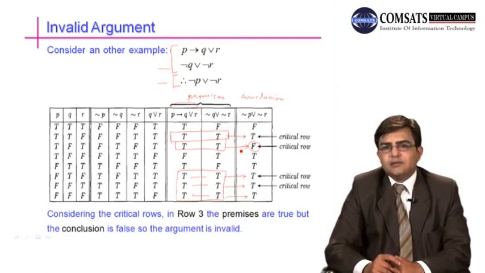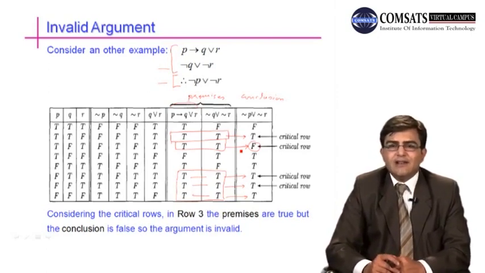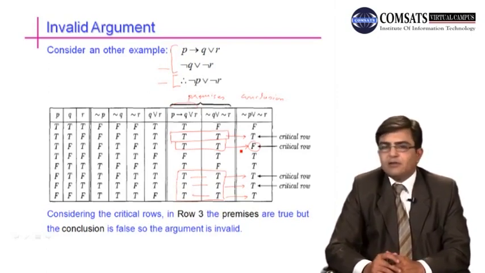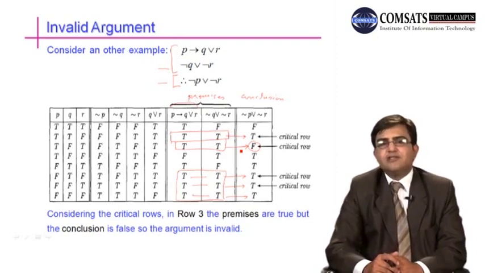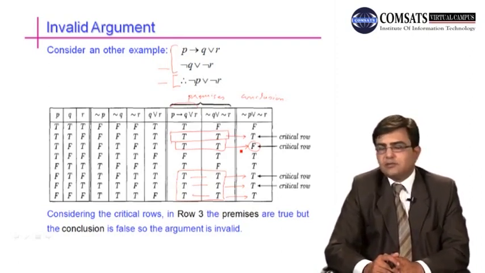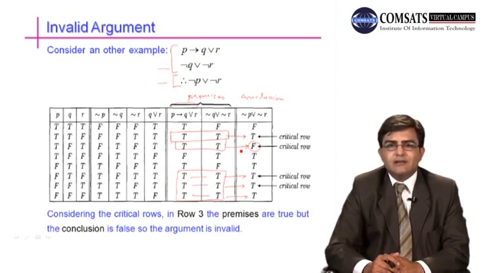So how do we prove an argument to be valid or invalid? First of all, construct a truth table for all premises and the conclusion, then identify critical rows, and then we check whether in the conclusion all truth values are true corresponding to each critical row. Then we say that this argument is valid, and in the other case the argument is not valid, or invalid.